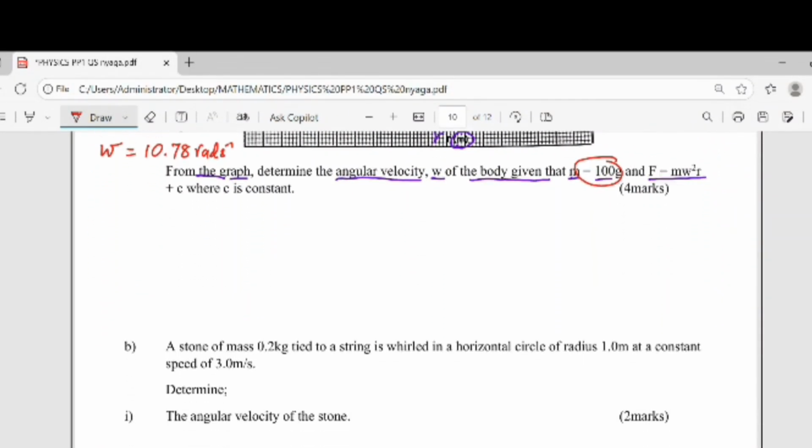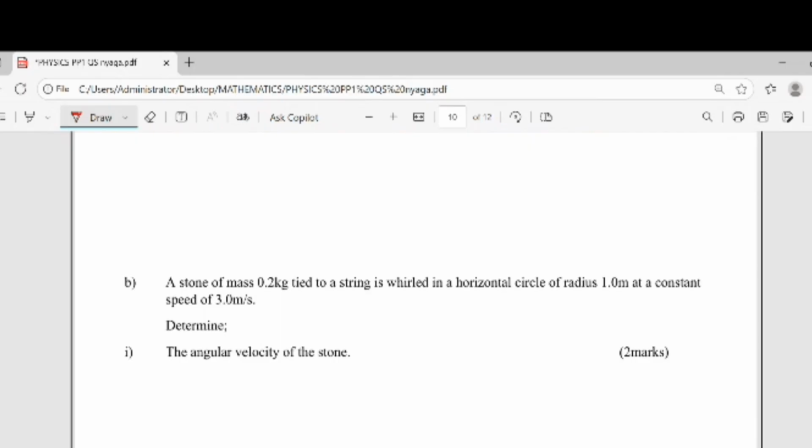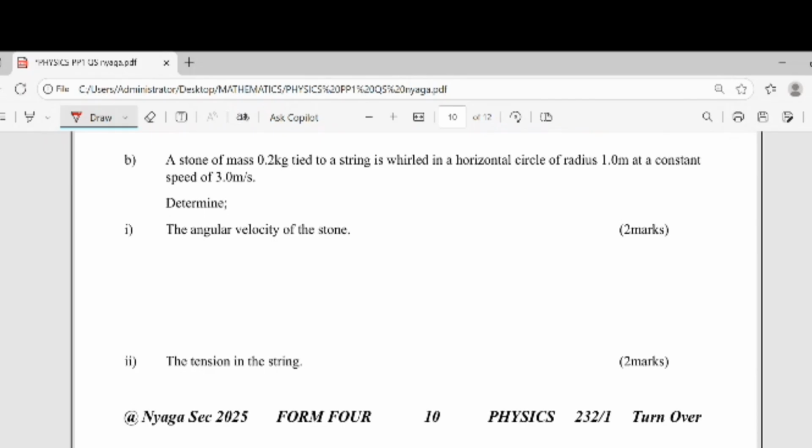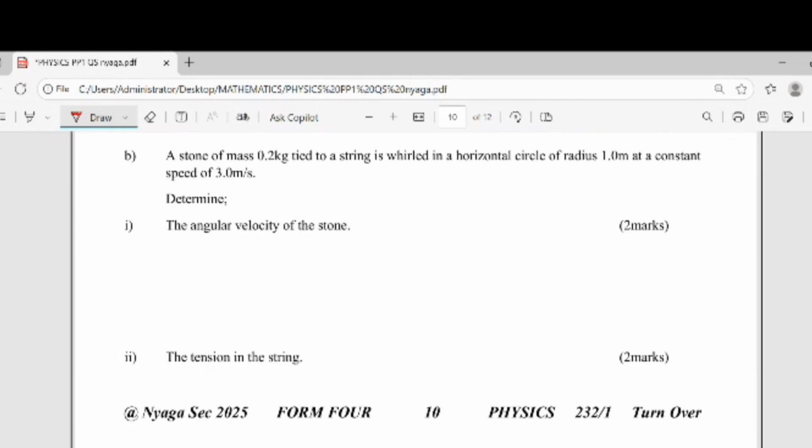Then part B, we are told that a stone of mass 0.2 kg tied to a string is whirled in a horizontal radius 1 meter at a constant speed of 3 meters per second.